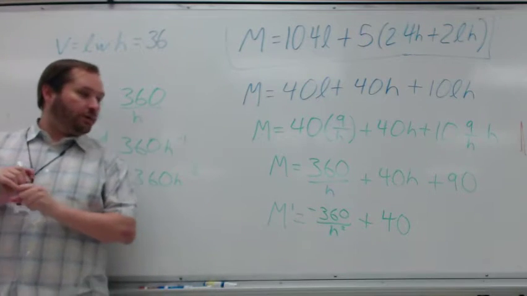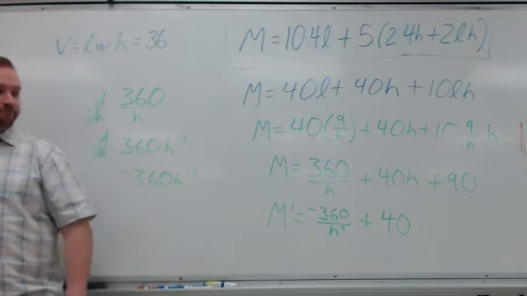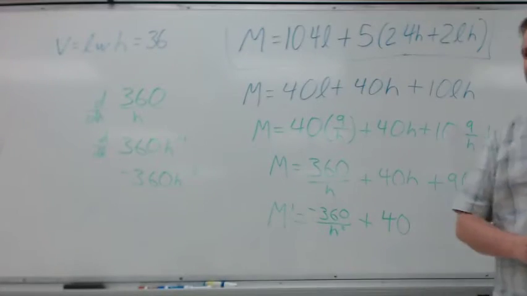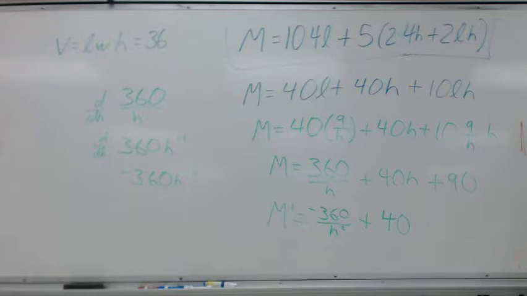Okay, continue deriving. Derivative of that part is 40, and the 90 goes away. So, now what? Set equals 0. This is your favorite part, isn't it? Once you get your derivative, set equals 0, you just hold your breath and cross your fingers and hope that it's all going to work out pretty.